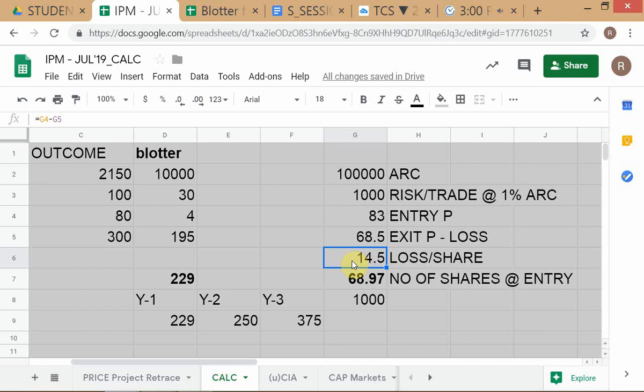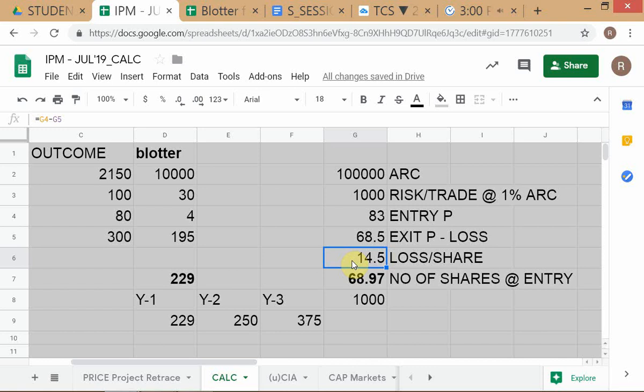So this is the reason you want to stick to liquid markets, because it means you have low slippage. In a liquid market you would not have budgeted much slippage, only a little bit, and therefore you're able to stick to your budgeted loss plan.